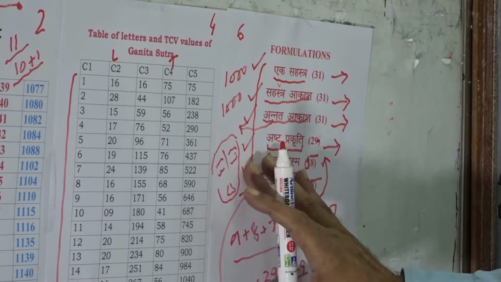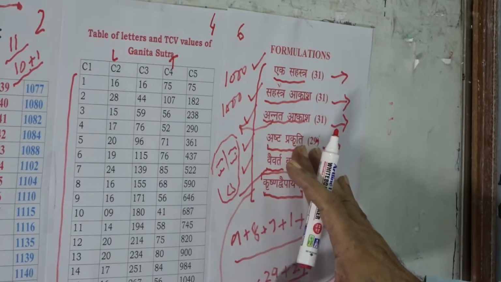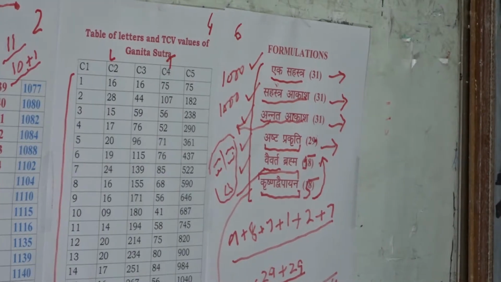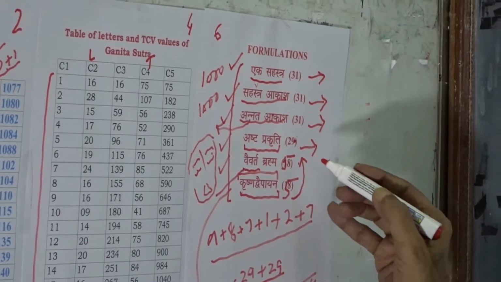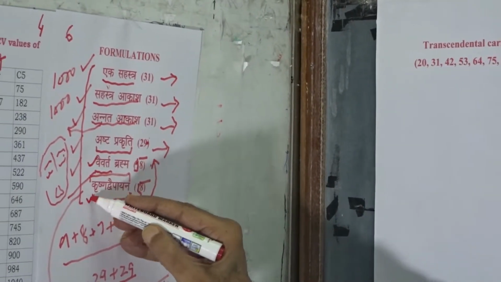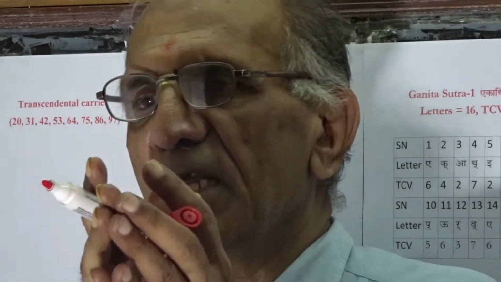All our manifested creations range as the Asht Prakriti, and this Asht Prakriti expansion is of the Vyavarat Brahm, which is the designation of Krishna Dvapayan. So Maharishi Ved Vyas in his 28th fold as Krishna Dvapayan leads us to the Vyavarat Brahm.